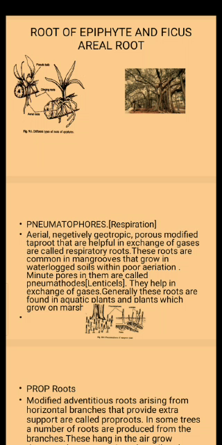That's why for respiration, these plants undergo modification. You know that roots are positively geotropic, but here roots are negatively geotropic. For the purpose of aeration, the roots come above the ground level, and the roots have minute pores called lenticels or pneumathodes.